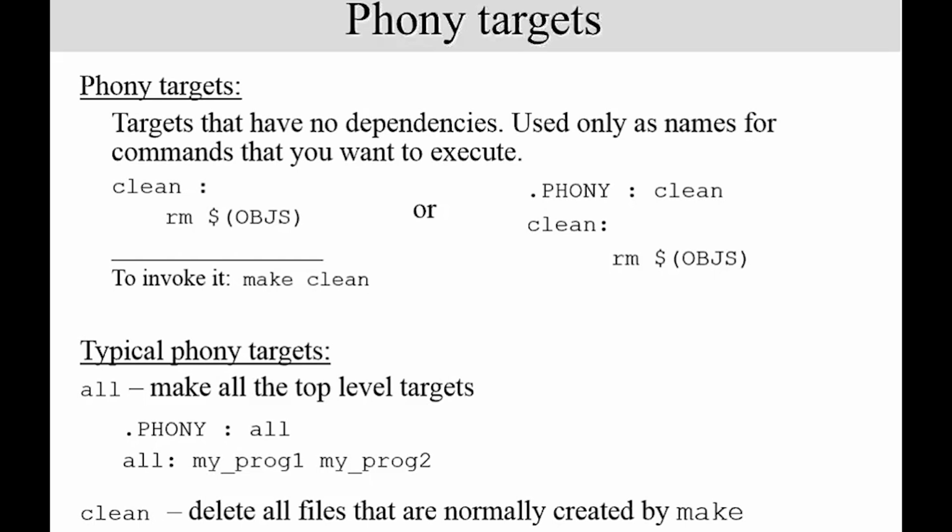Now in order to make a flow work, you also need to specify some phony targets. The phony targets are targets that have no dependencies. They are used only as names for commands that you want to execute. So these are kind of fillers, you can say. For example, there is one target called clean, which is just to remove all the files.